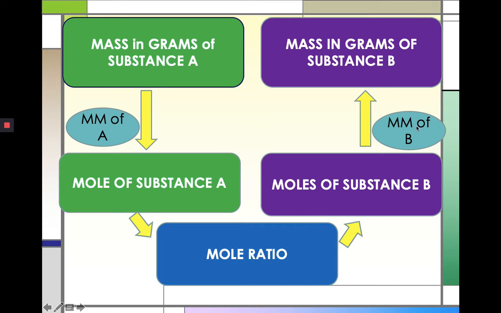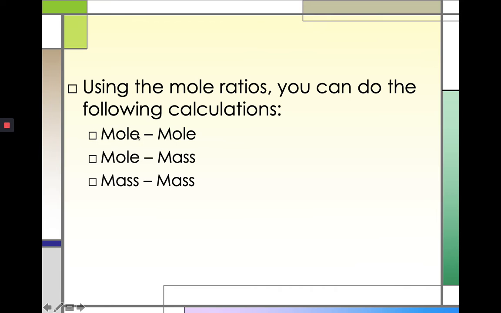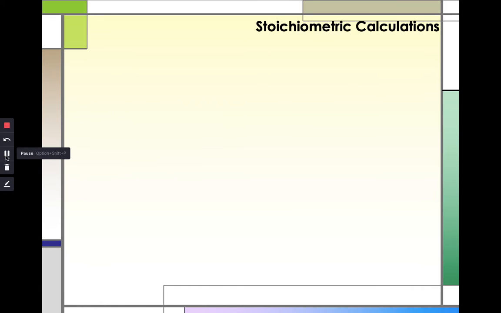We just use the molar mass. All right. So using the mole ratios, we can do the following calculations: mole to mole, mole to mass, and mass to mass. So those are the most familiar calculations that are involved in stoichiometry.